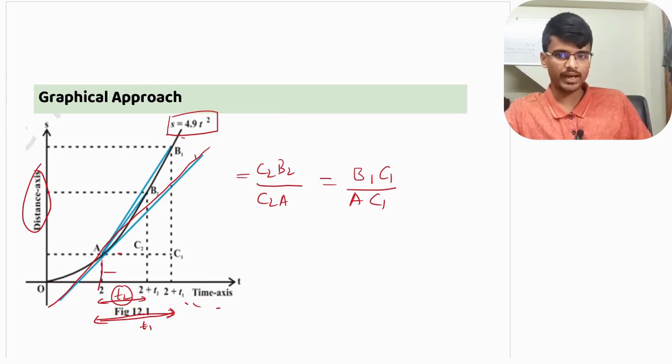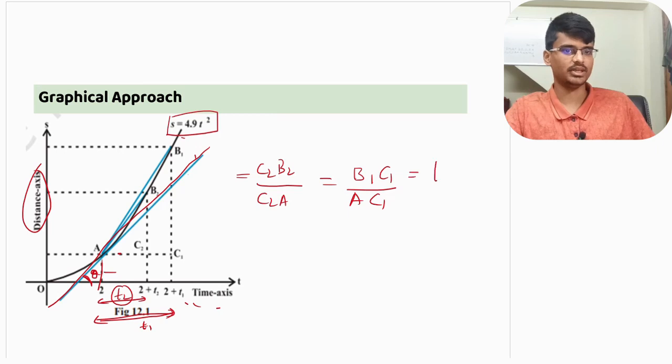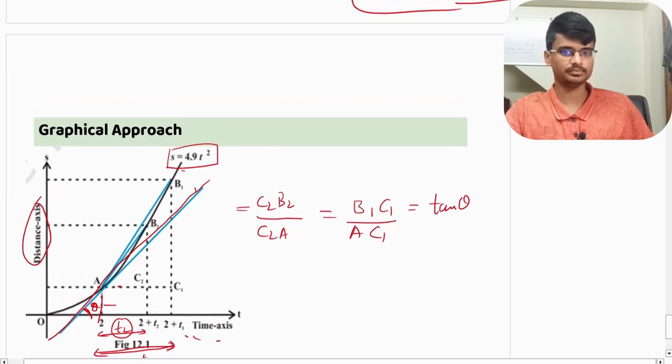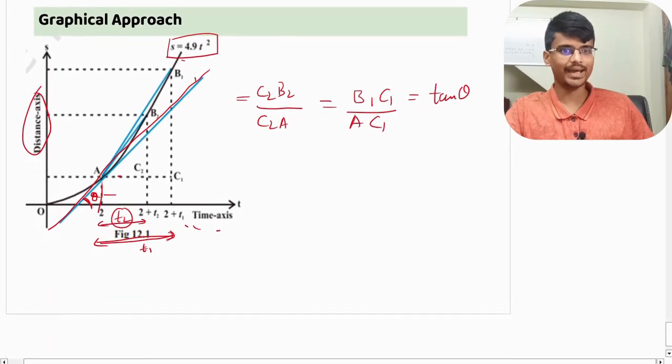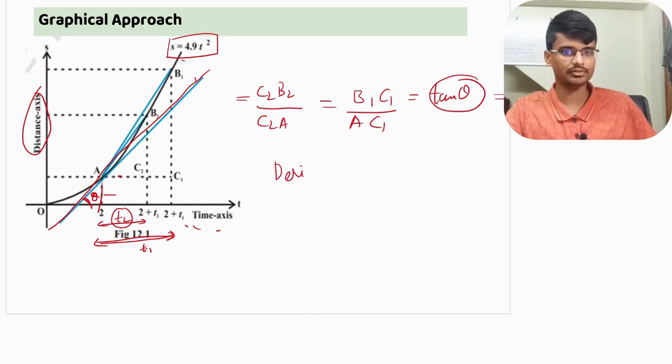The slope that this line makes, let it be angle theta. Tan theta is very important. This is equal to tan theta as we take smaller and smaller values. So actually, tan theta is the derivative of s equal to 4.9 t square.